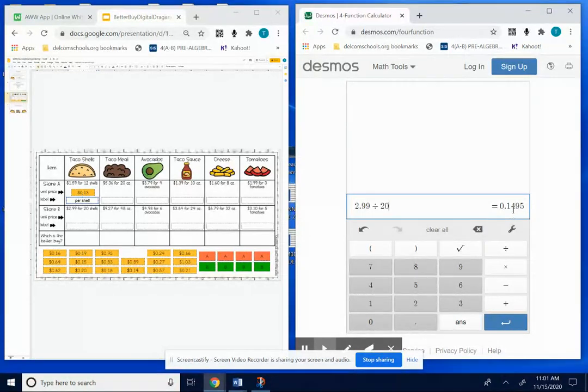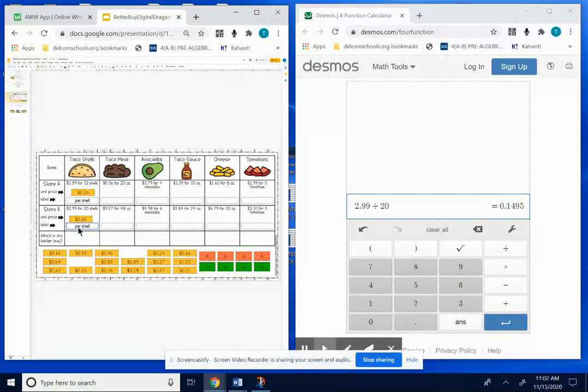The penny would be the place where that 4 is. So look past that 4, which is a 9. If the number past the penny position is 5 or bigger, round up. So instead of being 14 cents, it's going to be 15 cents. So store B, drag that up. It would cost 15 cents per shell.